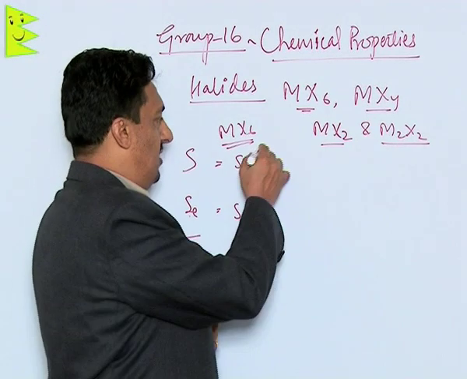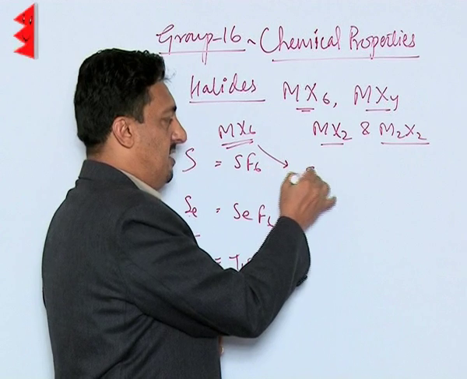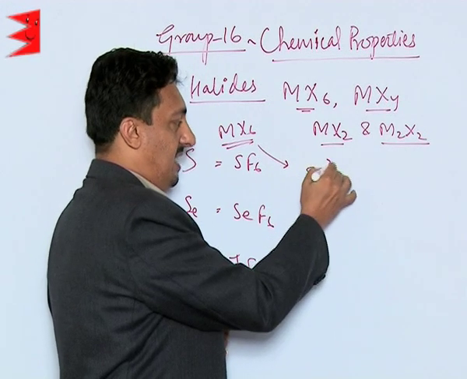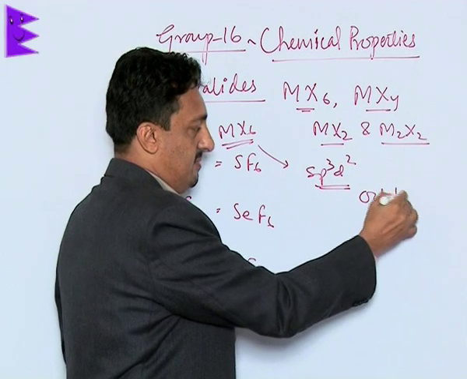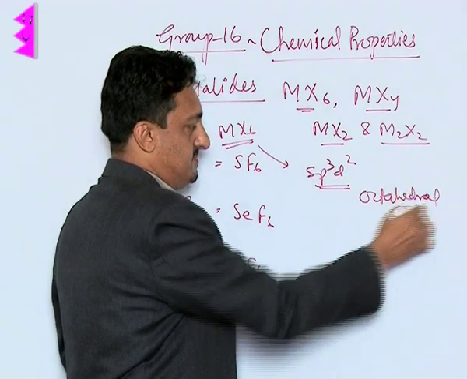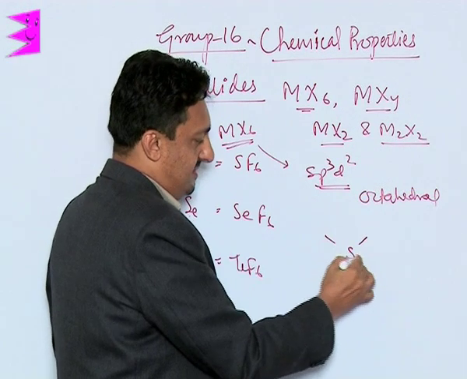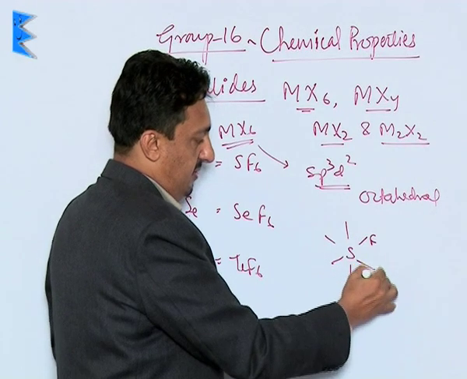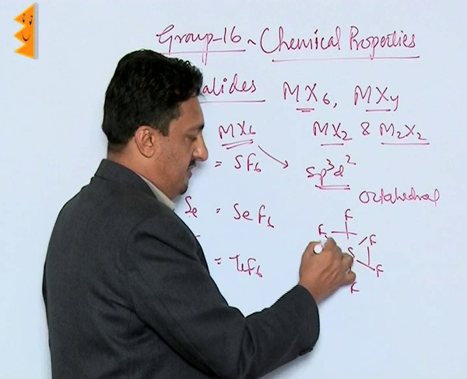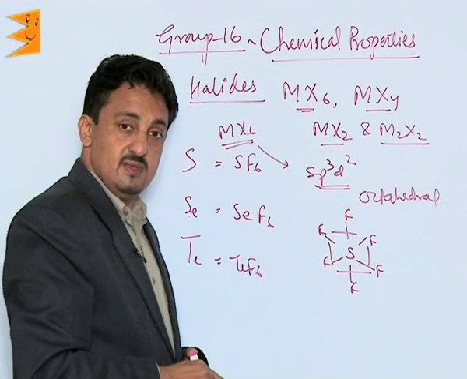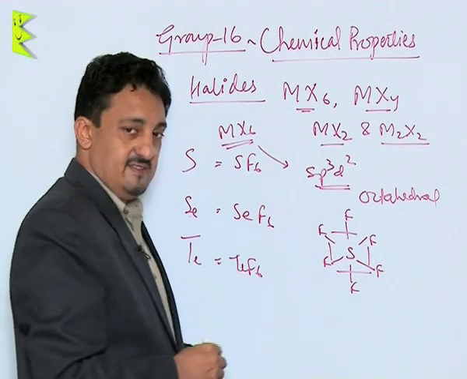oxidation state. Now, all of these three MX6 are sp3d2 hybridized with octahedral structure. It's fluorine, fluorine, fluorine, fluorine, fluorine and fluorine, almost just like this. So this is the basic structure of SF6.